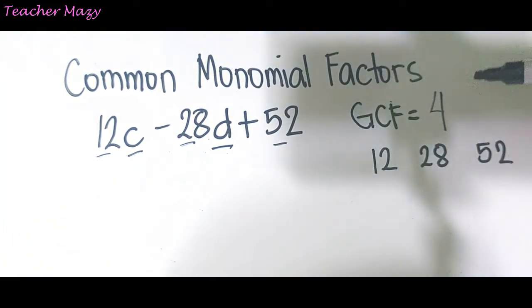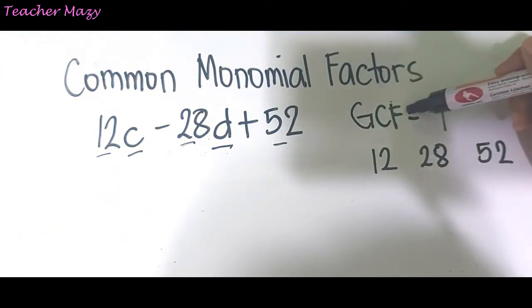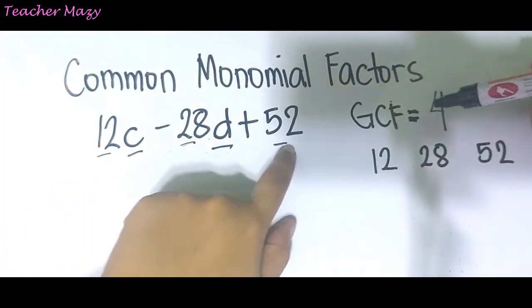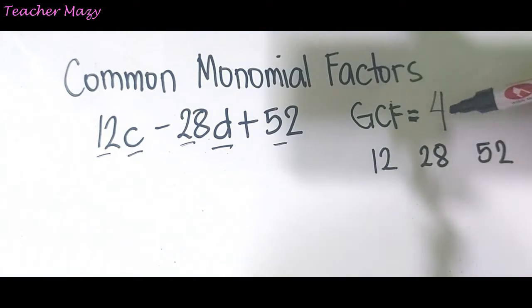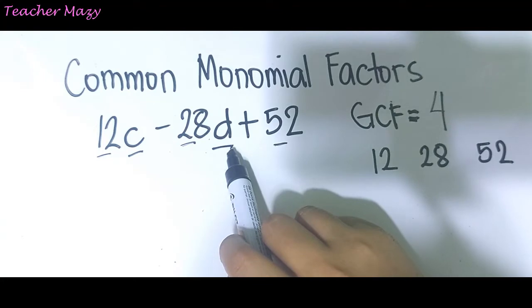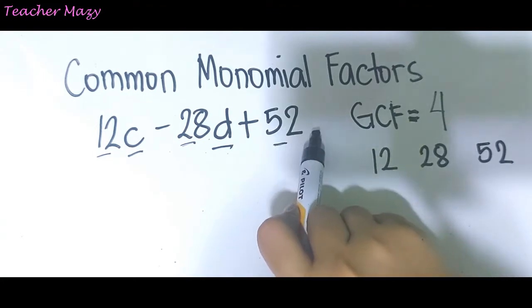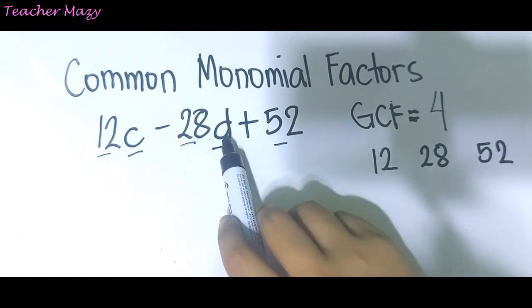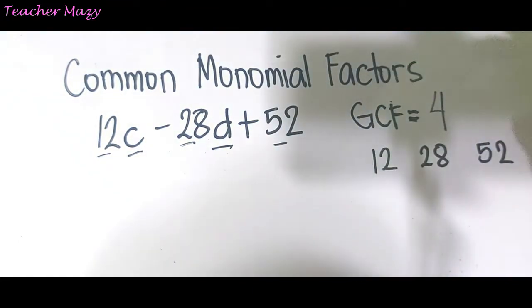We only get the GCF if every term can be divided by that number or variable. Since we only have c on the first term and d on the second term, and no variable at all on the third term, we cannot put variables in our GCF.